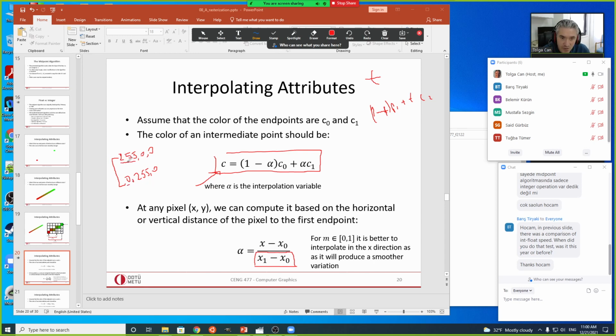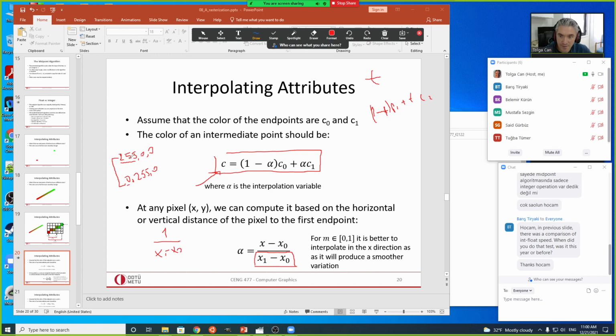And this change is actually going to be constant. From one pixel to the next, we're always going to constantly subtract something from the red channel, and we're always going to add something to the green channel. And what we are adding depends on how many pixels you are going to have along the line. So this interpolation parameter is actually 1 over x1 minus x0.